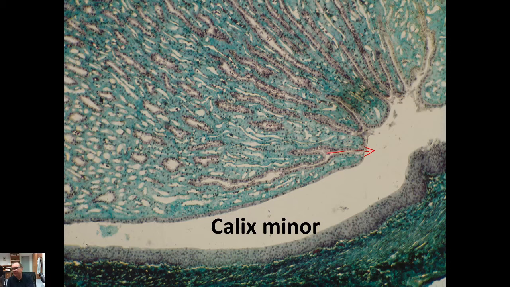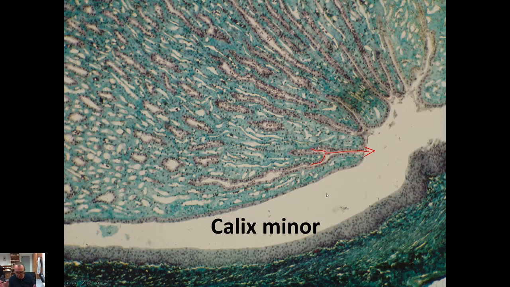Papillary ducts developed by joining of collecting ducts, and this is the first place where some smooth muscle is situated in the wall. On the other side of the minor calyx is the renal papilla.